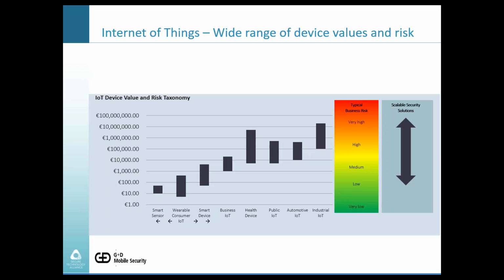It may be a small sensor that goes awry, or gets hacked, but that's sufficient to create many deleterious effects downstream, right? So how do we actually solve for this? This makes the creation of scalable security solutions really hard, because we've got to have security solutions that scale from the most expensive devices to the least expensive devices, and you cannot have any device that cannot be secured. Next slide.